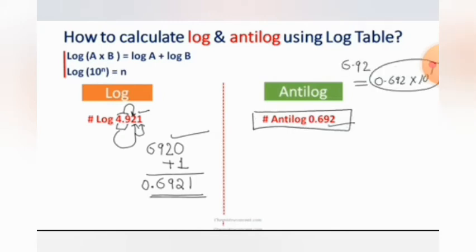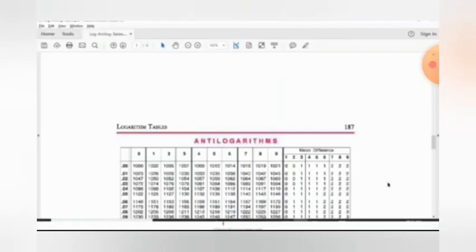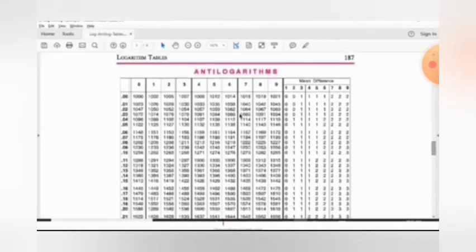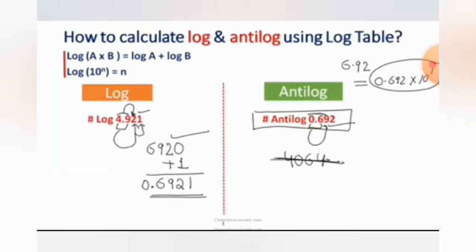Now we take the antilog of 0.692. Therefore, for 0.692, take the antilog page and take the first two digits, 69. So 0.69 is given.